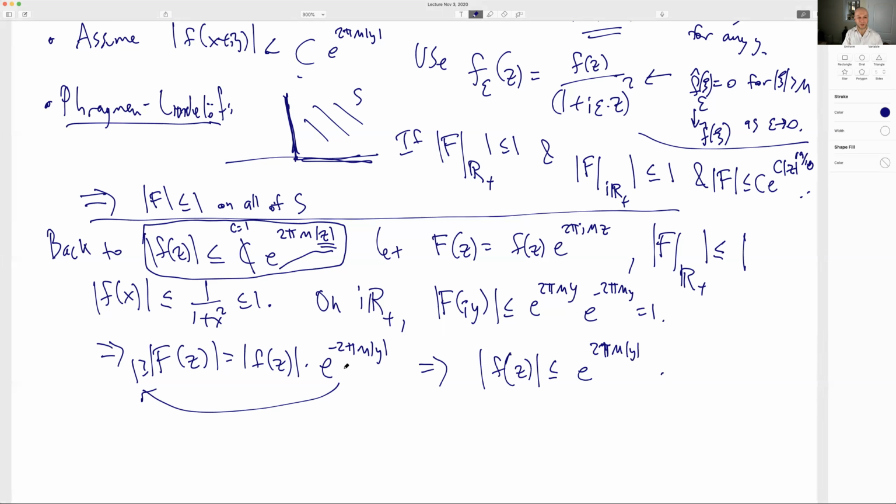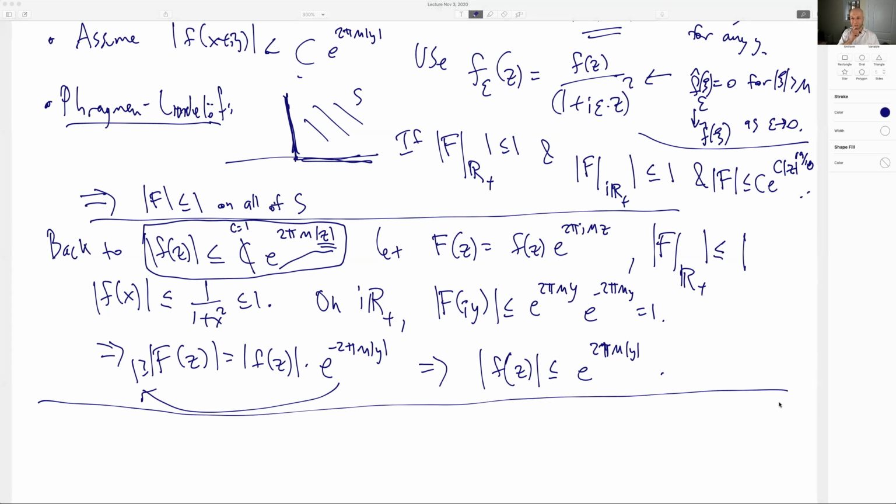That's Phragmén-Lindelöf. It lets us get from e to the 2 pi m |z| growth to at worst e to the 2 pi m y growth. Then we're in position to apply the second argument, which uses the first argument to get us the full Paley-Wiener theorem.